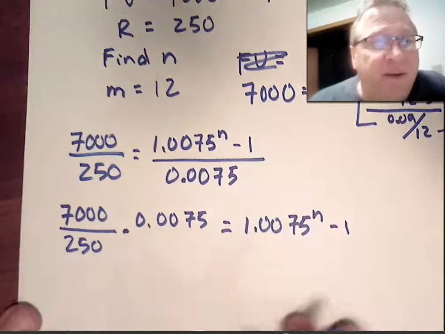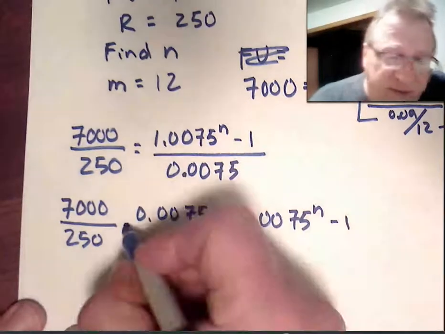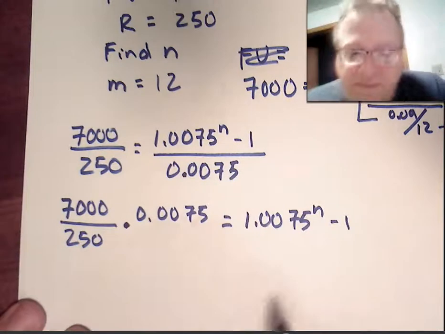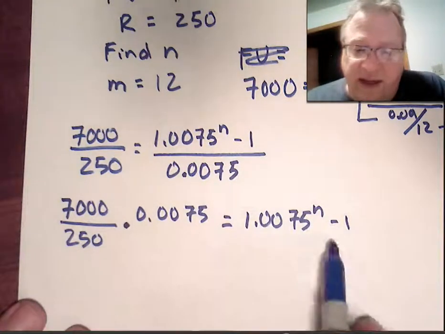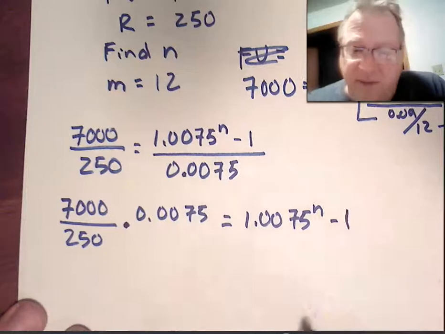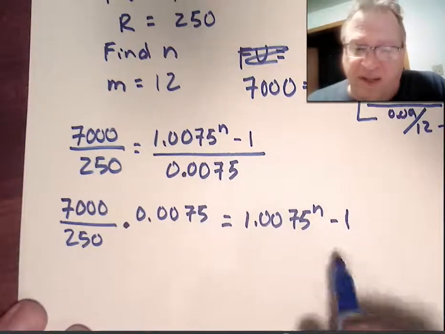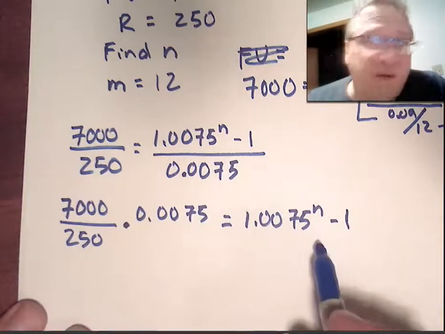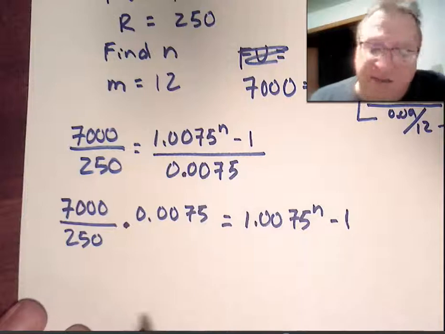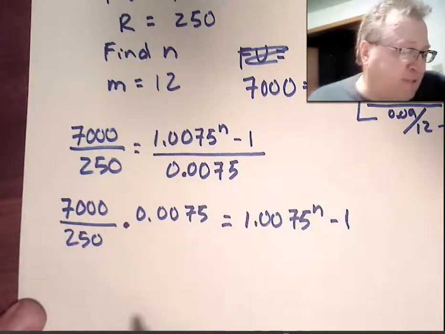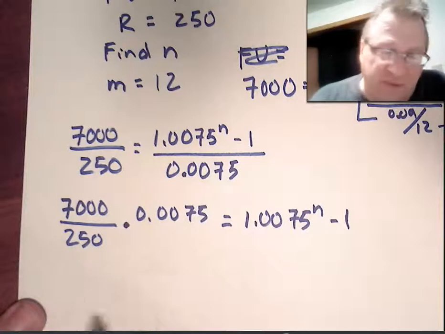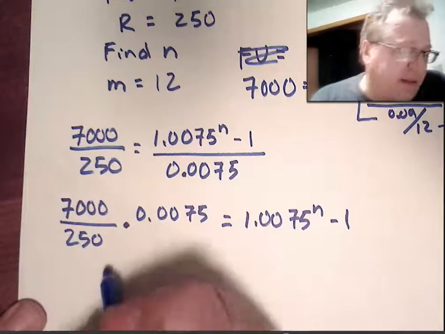I'm getting there. What do I need to do now? This is multiplication here. I now can combine these terms, and I can get rid of this minus 1 by adding 1 to both sides. It will get rid of the 1 on the right-hand side. I just have to do the same thing to the left side. Let's see, when I do this math, I'll take it a step at a time.